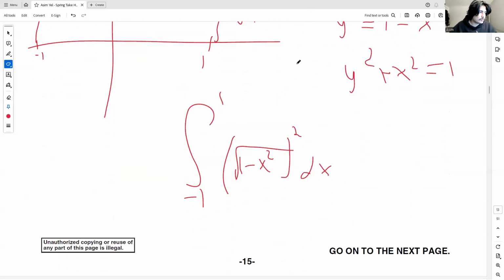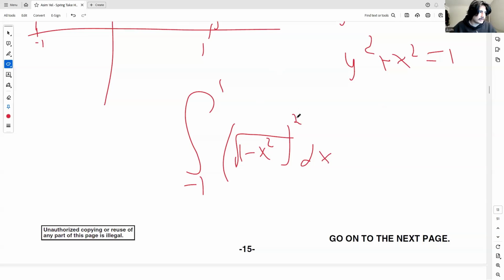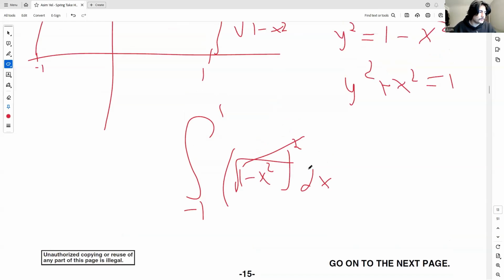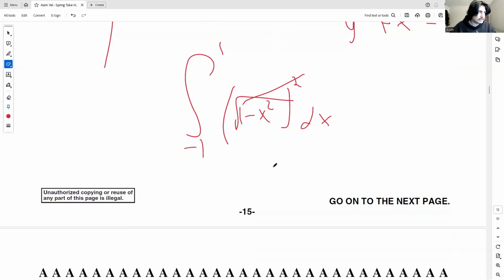And now you're just going to do this, and you know that squares and radicals just cancel out each other. Since the inside of the radical has to be positive, I don't even need to write the absolute value over here. So I just got the integral of 1 minus x squared from negative 1 to 1.